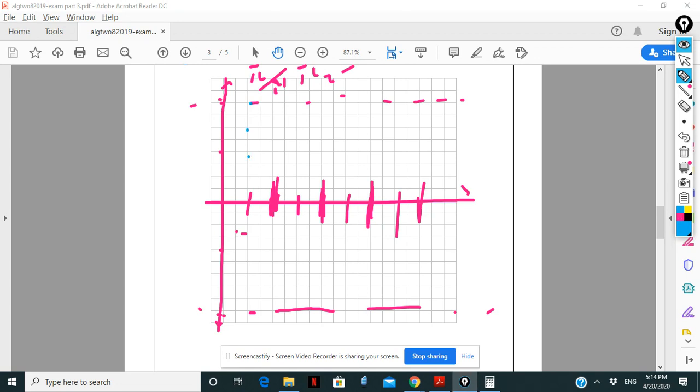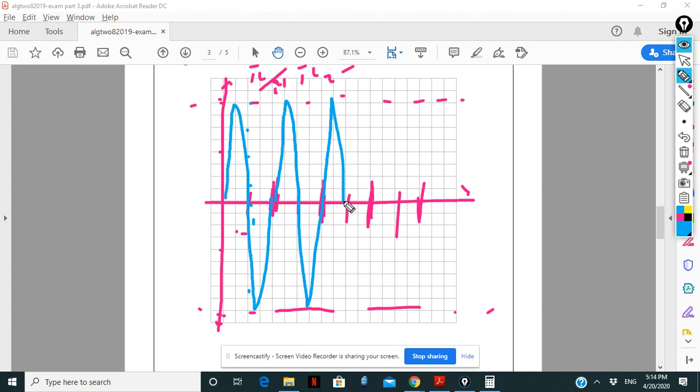So it's going up, reaching this one, going down here, and backward, the same. So that's the graph.